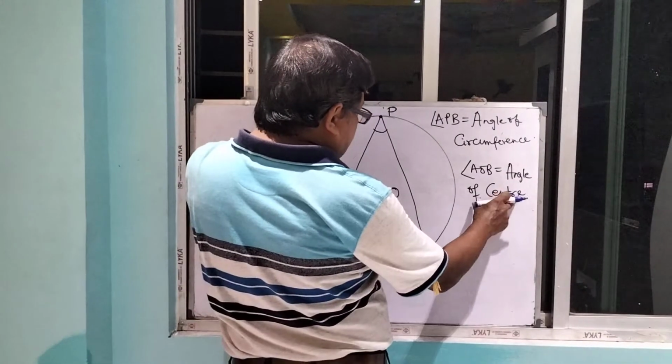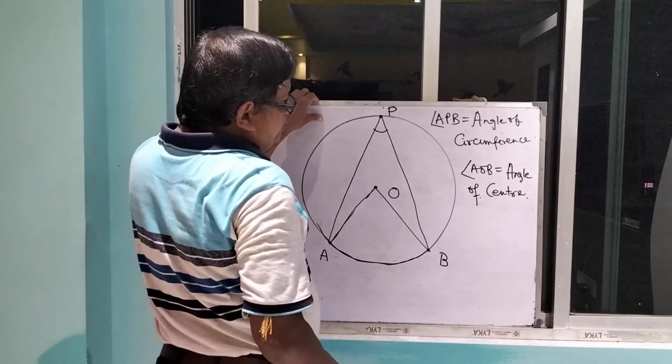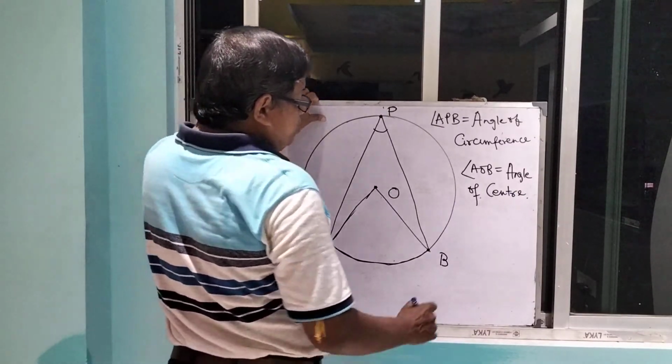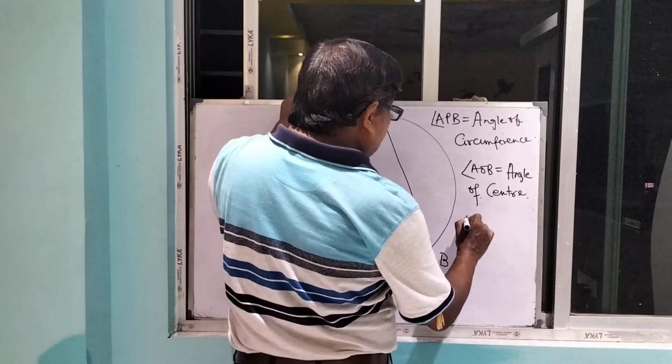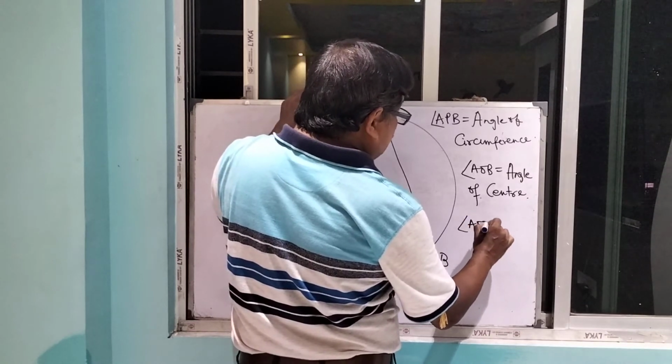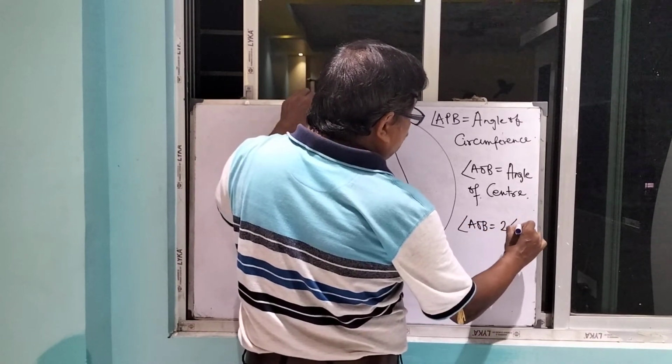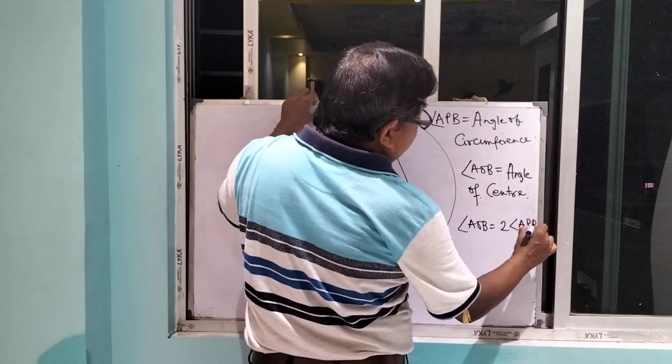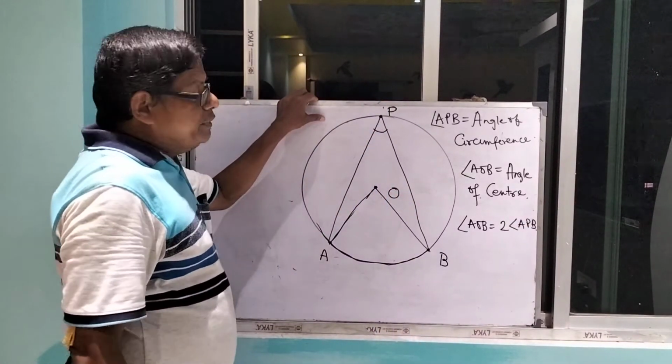So AOB is the angle at the center, APB is the angle at the circumference, so AOB is always equal to 2 times APB. Let me explain this part.